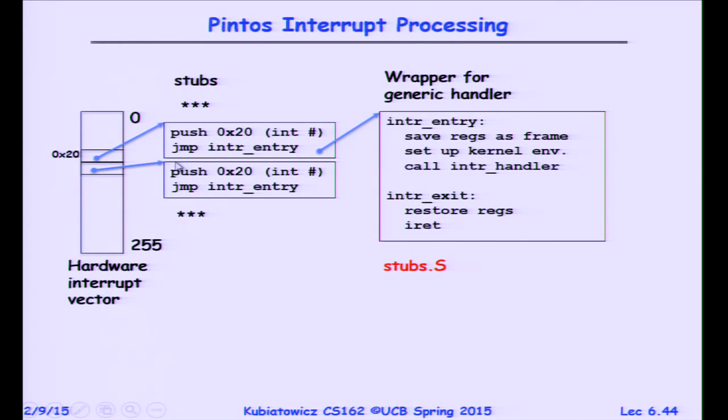So notice that every one of these interrupt vectors ends up doing the same entry and exit code, and then eventually calls the interrupt handler that was pushed onto the stack up here. So we've taken the fact that the hardware can make every one of these different, and we've said, well, let's just make them all the same to make this a little simpler.